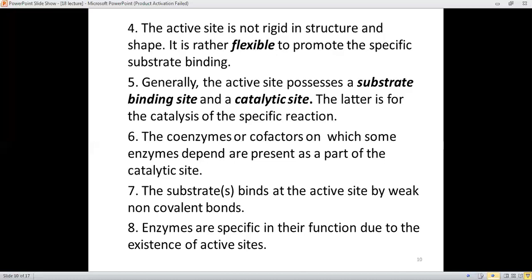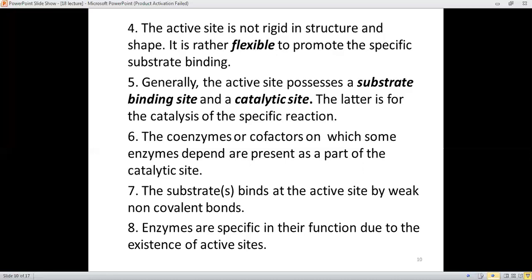These are the secondary type of forces, and if these forces were stronger, like the covalent bond, which is very tight and very strong, then when the substrate wants to be changed into product, this would not occur because there was a covalent bond between the enzyme and the substrate, and therefore the substrate may not be converted into product.